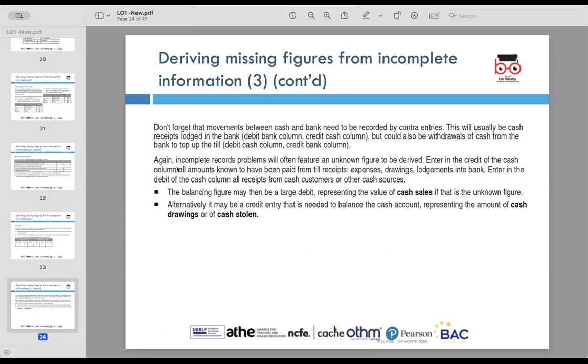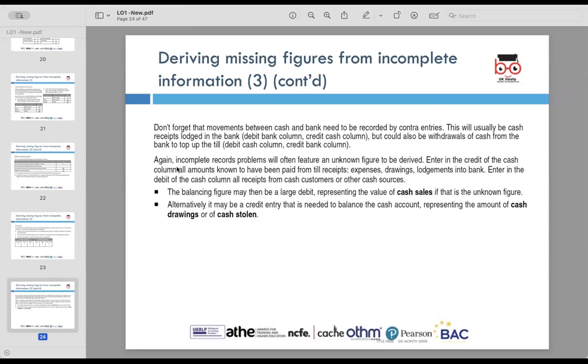Typically, when cash receipts are lodged in the bank, debit the bank column and credit the cash column. For withdrawals from the bank to top up the till, debit the cash column and credit the bank column.